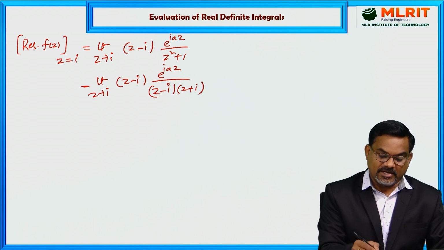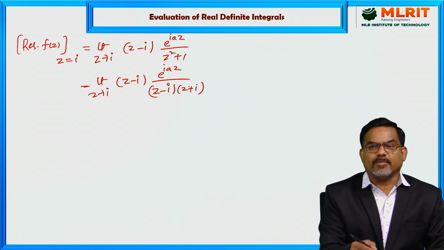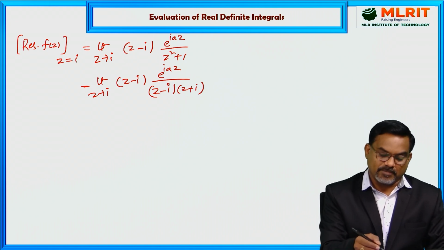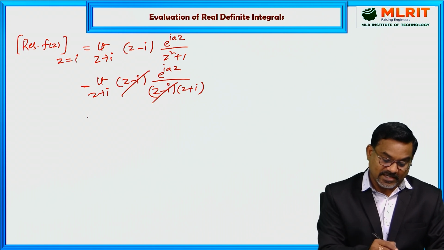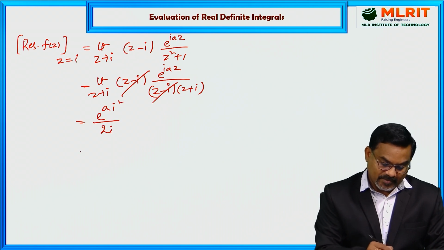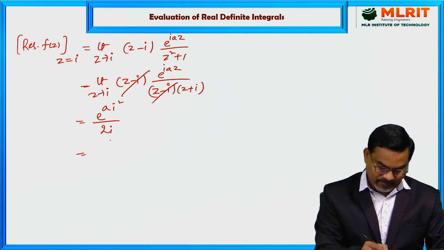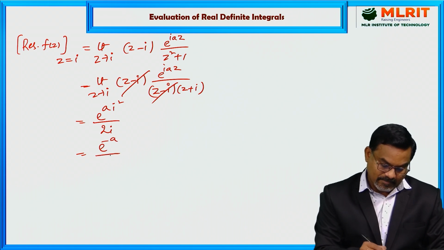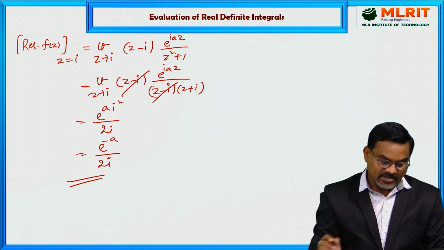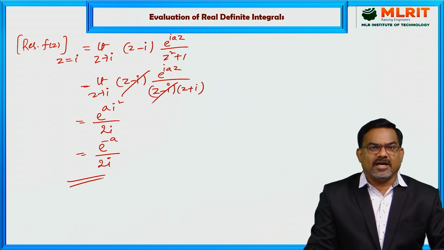So these two get cancelled. Now z tends to i: e power a i square by 2i, but i square is minus 1. So e power minus a by 2i. This is the residue of the function f of z.